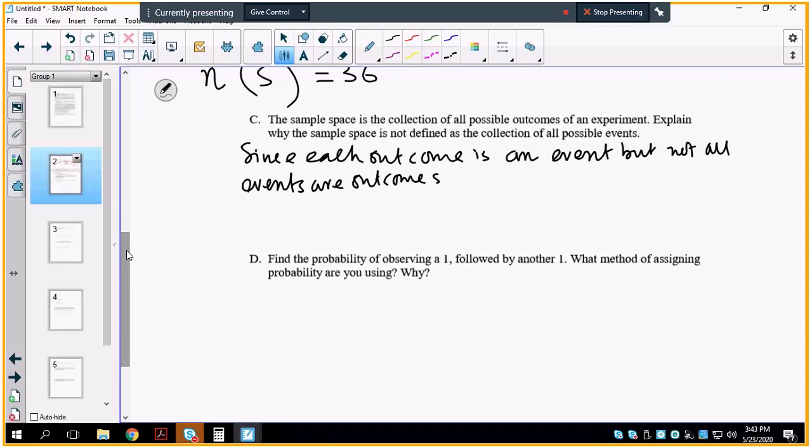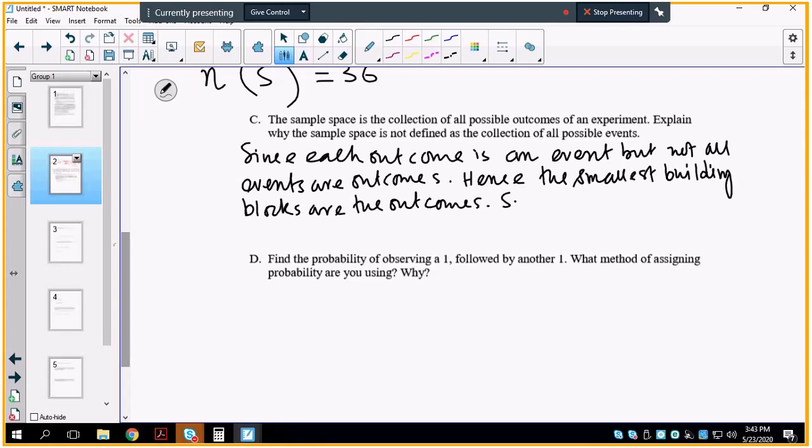So each outcome is an event, but not all events are outcomes. Hence, the smallest building blocks are the outcomes. So in the sample space, we use outcomes, not events.